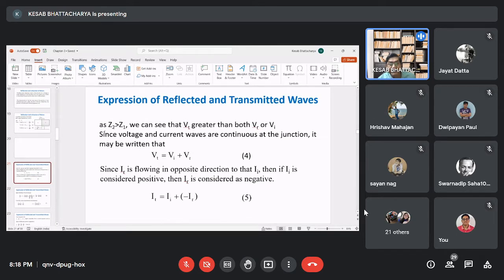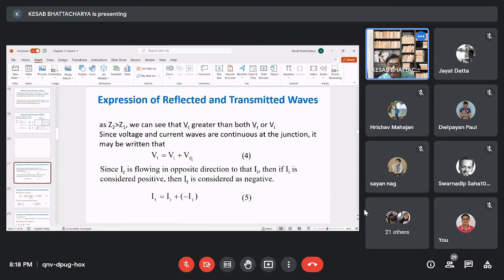Now, as Z2 is greater than Z1, we can see that Vt, the transmitted voltage, is greater than both Vr and Vi. Since the voltage and current waves are continuous at the junction, it may be written that Vt is equal to Vi plus Vr. Do you understand this equation or not?